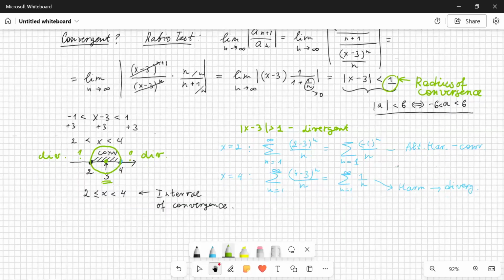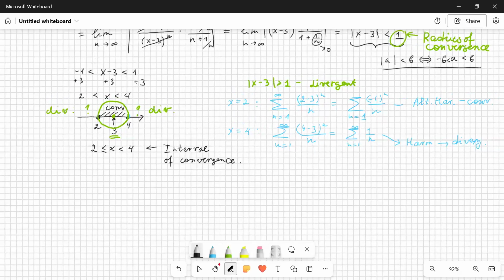I'm going to write it down separately somewhere here. So if you get the inequality |x minus a| less than r, when you do the test, r is going to be the radius of convergence, and a is the center, right?